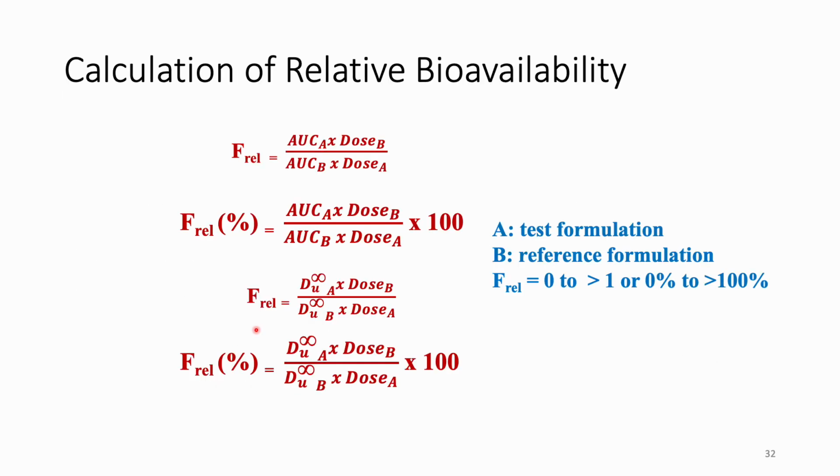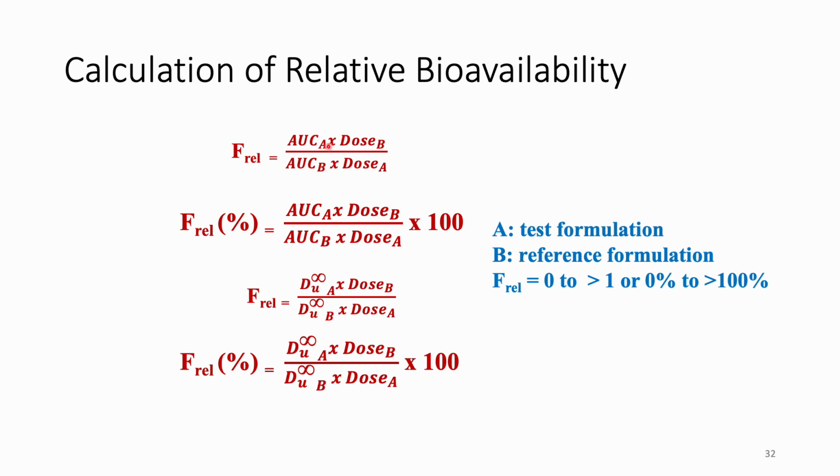To calculate the relative bioavailability, remember that you need to know which one is the numerator and which one is the denominator. In the formula here, we have drug A and drug B. Drug B is the reference formulation, meaning the formula already exists and has good bioavailability, and drug A is the testing formulation.